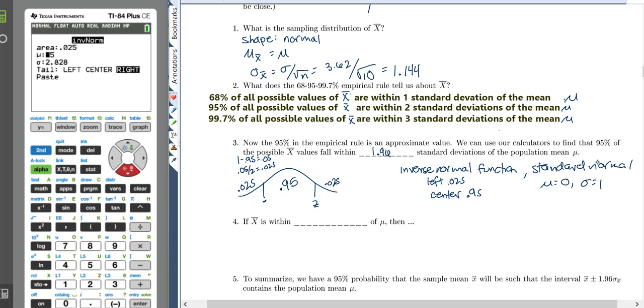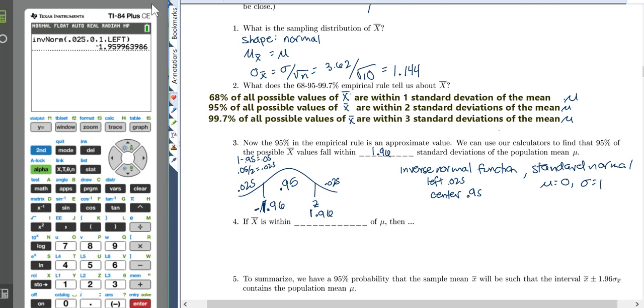So the mean will be 0, standard deviation 1, tail left, and I get here that this is negative 1.96, which means this value is positive 1.96.